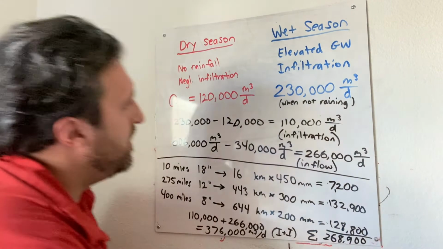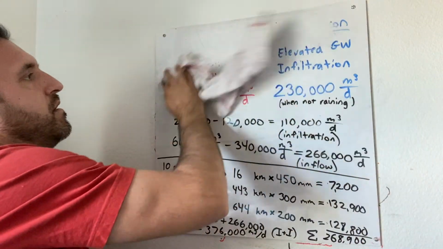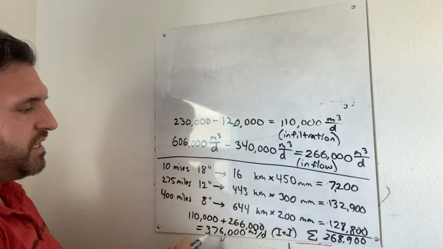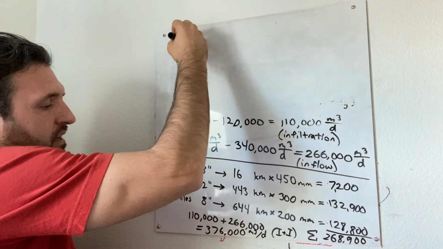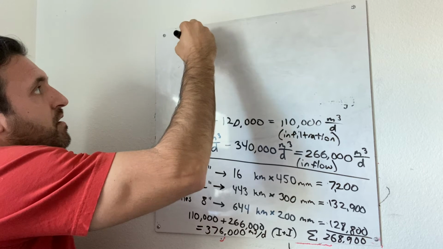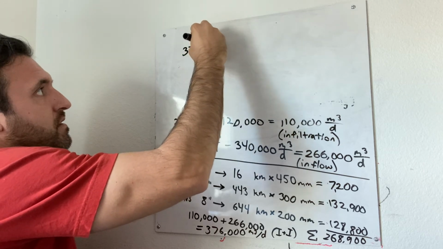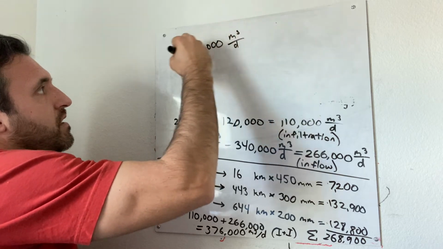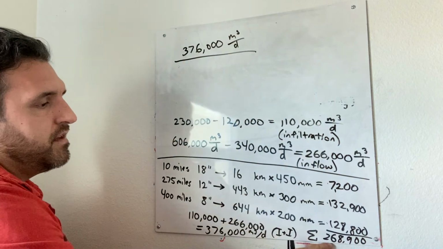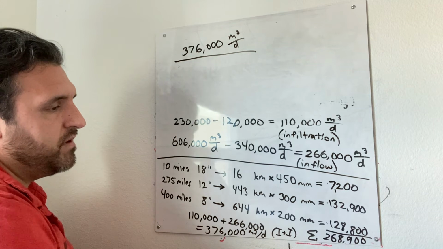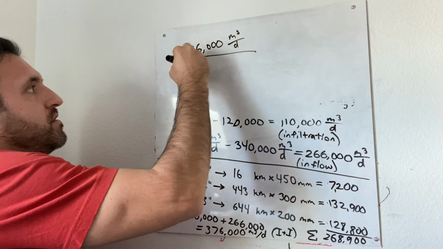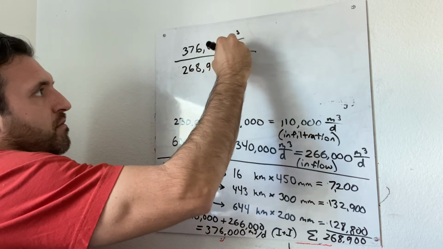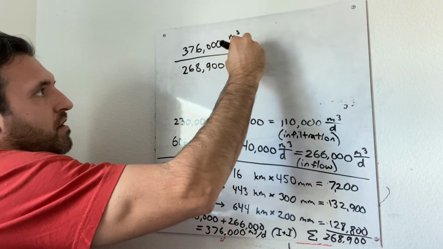All right, the last step is to take that infiltration and inflow rate, 376,000 cubic meters per day, and divide it by our pipe length and diameter, 268,900 millimeter-kilometers.